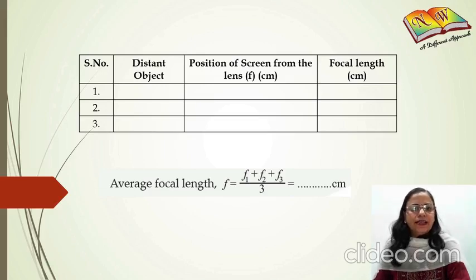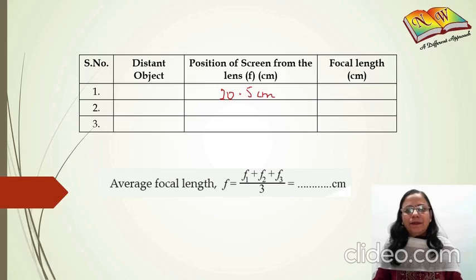So in this case, the distant object that we focused using the lens was a window, and the position of the screen from the lens was 20.5 centimeters. That means the focal length of the lens that we used was 20.5 centimeters.